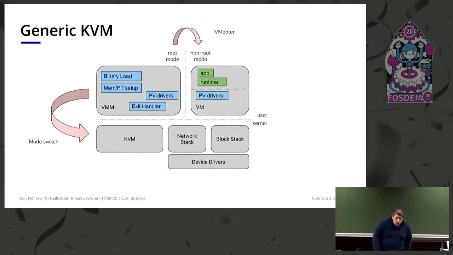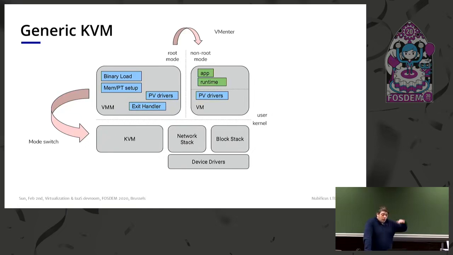That's a figure of how KVM handles a VM running. There are device drivers in the Linux kernel. There's the network and the block stack. There are the functions that KVM offers to provide this kind of isolation through the hardware extensions.